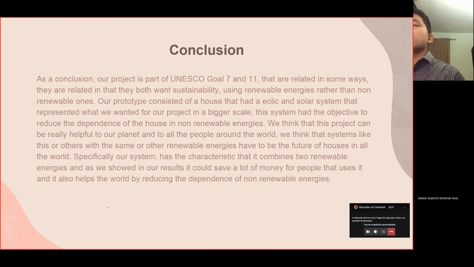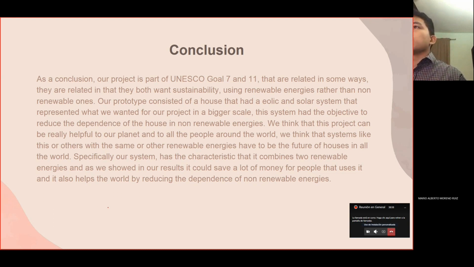So, as a little summary of the conclusion, our project is meant to be part of the future of houses in order to help people in their economy, and most important, to help the world, by stopping the use of non-renewable energies and using more renewable energies.